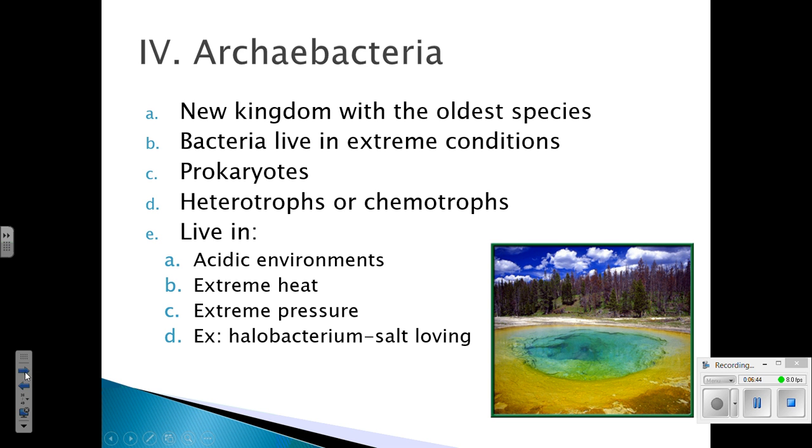So they can live in crazy environments, and the word for these kind of bacteria are chemotrophs, which means they can actually digest chemicals for food. Like cyanide and other really harmful chemicals. There's some bacteria in really salty environments, like the Great Salt Lake, which just love living in super salty environments when nothing else can really live there.